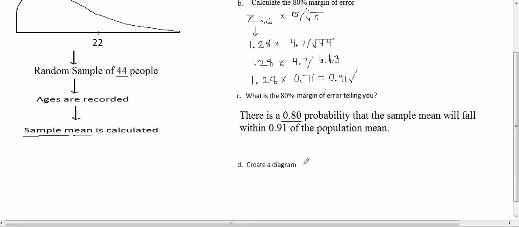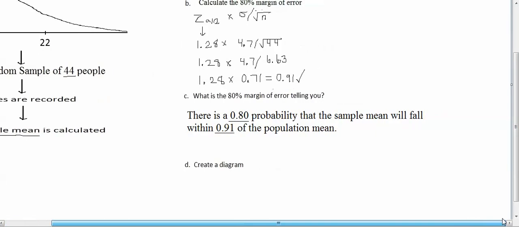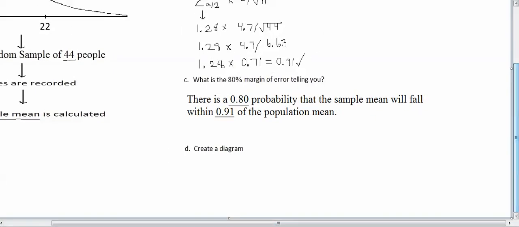And the next part of the problem says create a diagram. We know that the sampling distribution is at least roughly normal because we said that in part A. So let's make a diagram of a normal distribution.